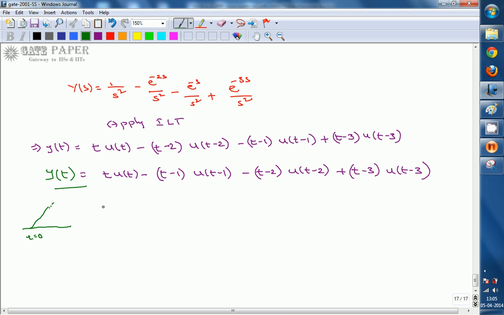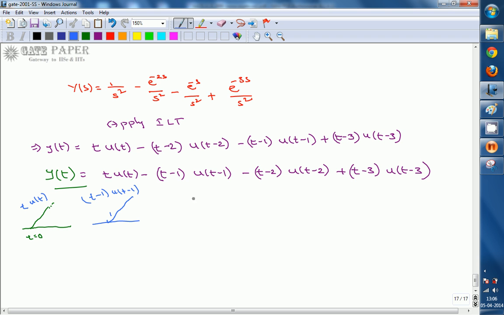And minus (t minus 1) into u(t minus 1) is nothing but a ramp that will start at 1 and goes like this. This is t into u(t), and this is (t minus 1) into u(t minus 1).